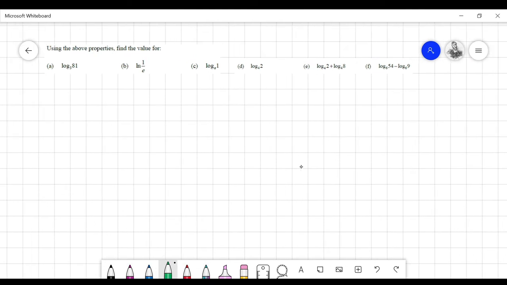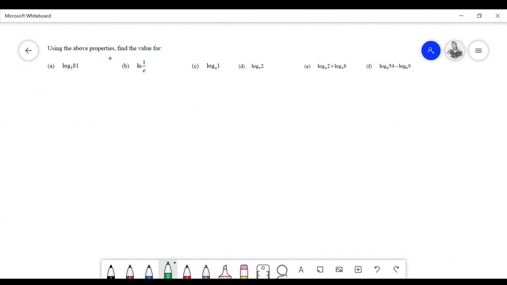Using the above properties, find the value of log base 3 of 81. How to do? First of all, write down the equation. Find 3, because we want to use 3 as the base. So we find the argument as an exponential with base 3: 3 to the power of what becomes 81?